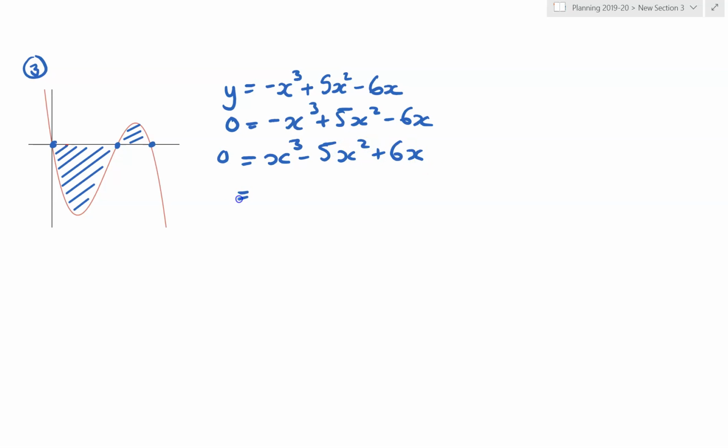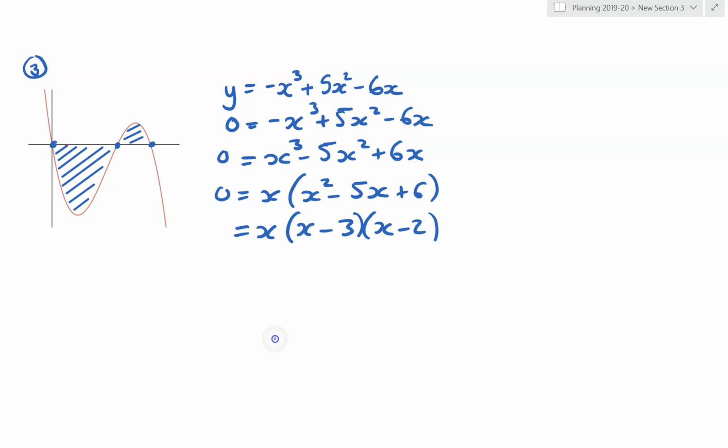Now they've all got an x on, so you can take an x out as a factor, which will leave you with a quadratic, which will solve rather nicely into a -3 and a -4. So the 3 points are 0, 2, and 3. So the area that's below the axis will evaluate between 0 and 2, and the bit above between 2 and 3.